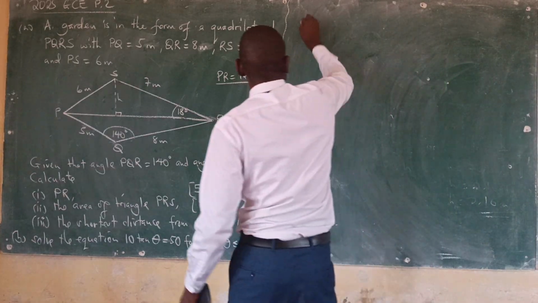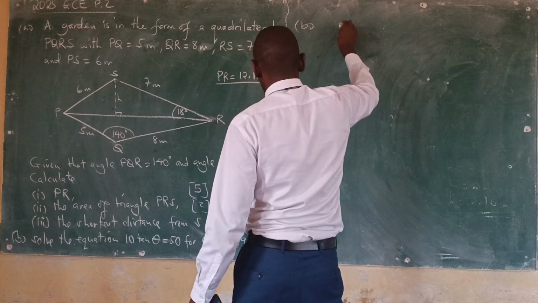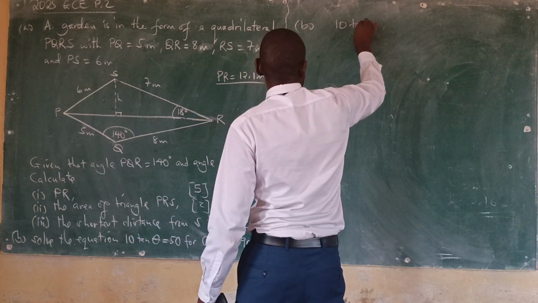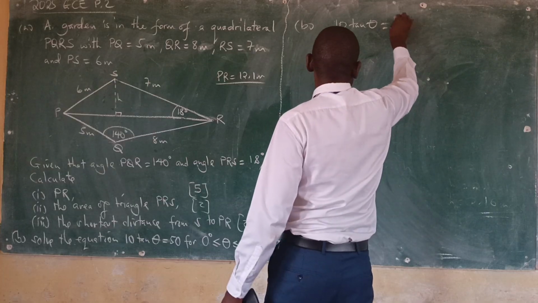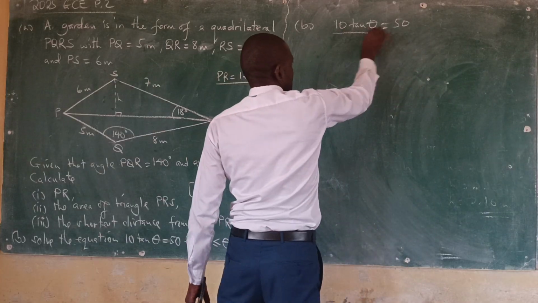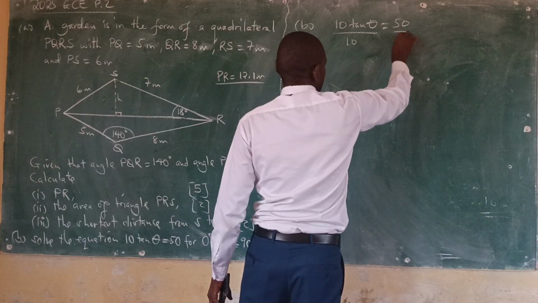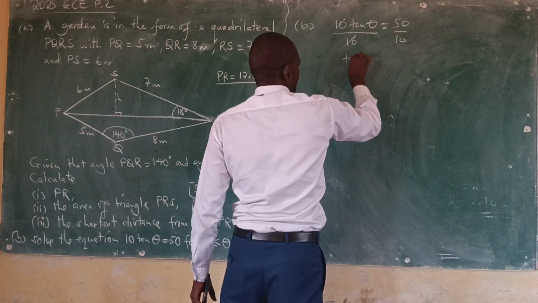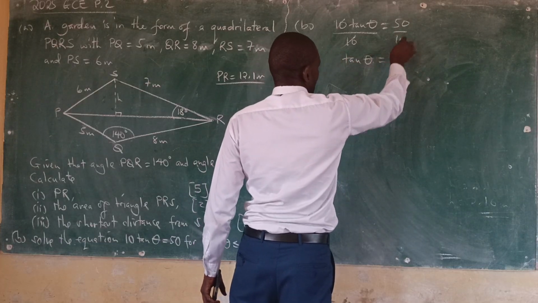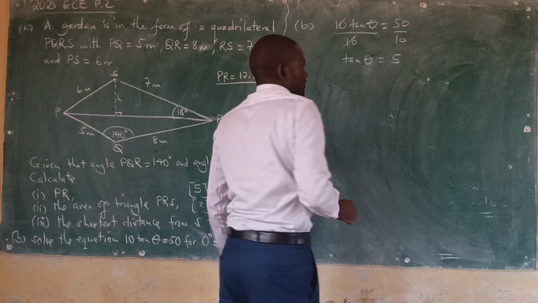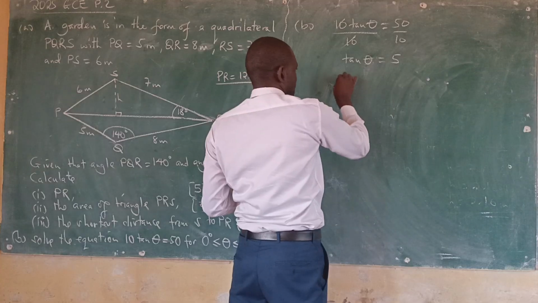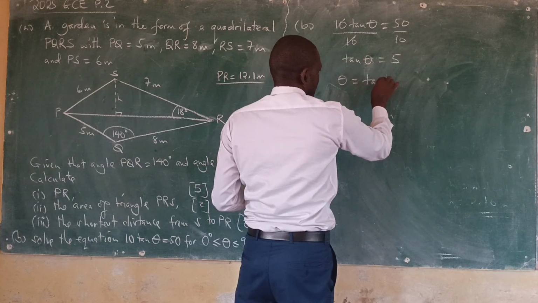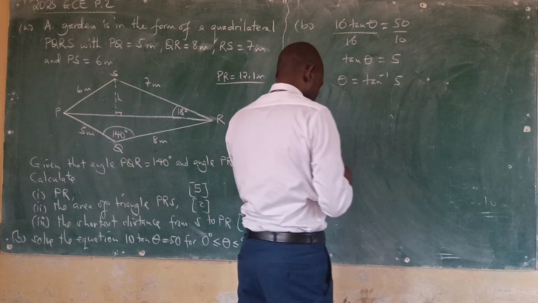So part B, it says 10 tan theta is equal to 50. All we do is we divide by 10 here, divide by 10. Tan theta is equal to there, it gives us 5. So to get the value for theta, we'll take the inverse, meaning theta is equal to the tan inverse of 5.